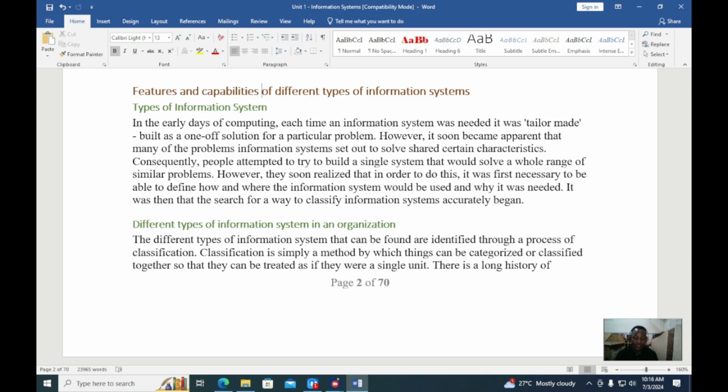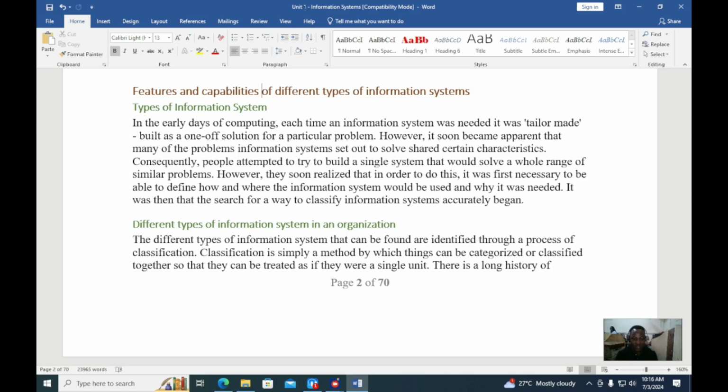But as that was going on, soon it became important that many of the problems that information systems bring out were realized to have some characteristics that are common. And because of that, people tried to build maybe a single system that is going to solve a whole range of similar problems.